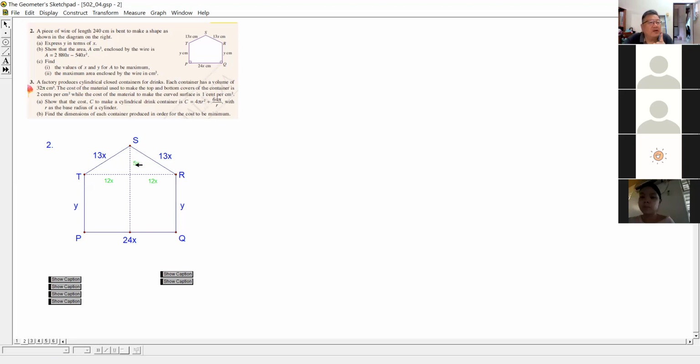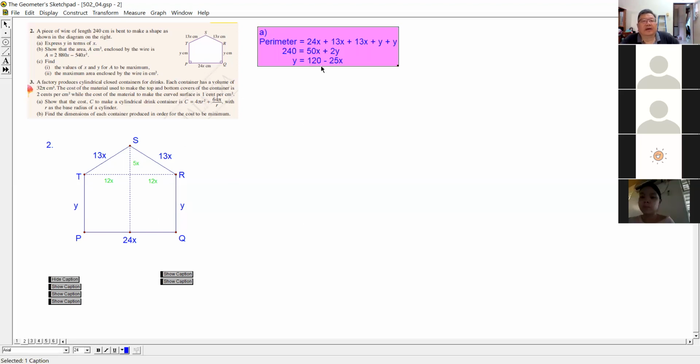Now, those in green color, you can see here 5x, 12x, 12x, they are not given. I try to find them using logic or whatever knowledge of mathematics that I know. So blue color is given by the question. Green color is what I have found. Okay, proceed.